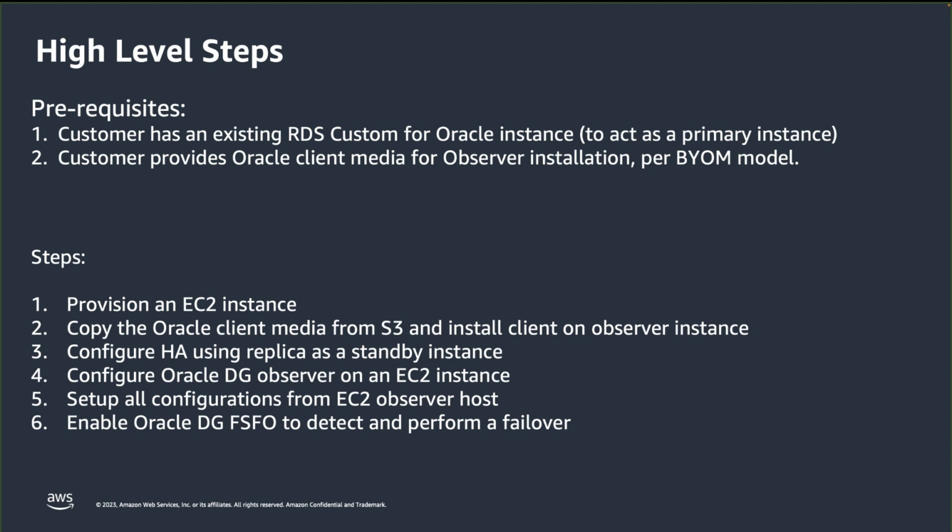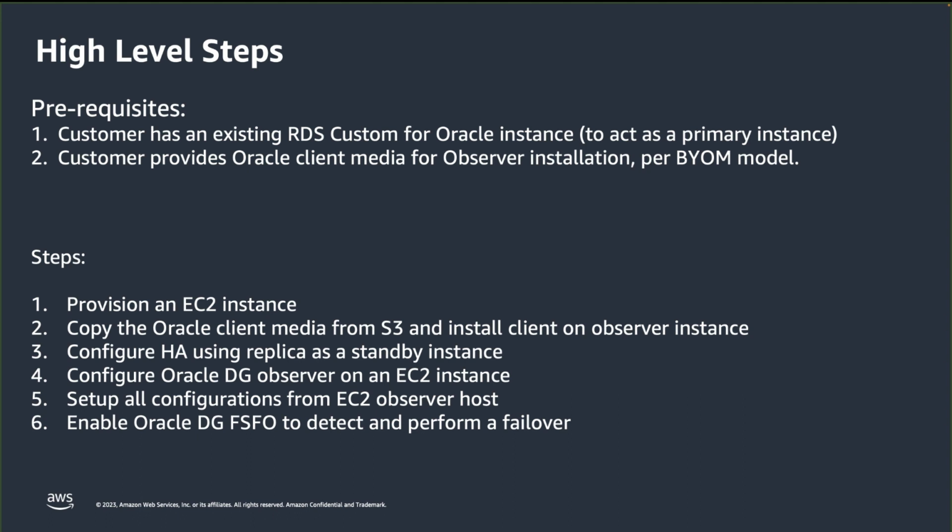Next, it will provision an RDS Custom for Oracle read replica, which acts as the standby DB instance. It will create the tnsnames.ora file and add the primary and the standby database entries. It will verify the connection to the primary and standby database from the observer instance, and it will create a wallet to store the data guard user password.